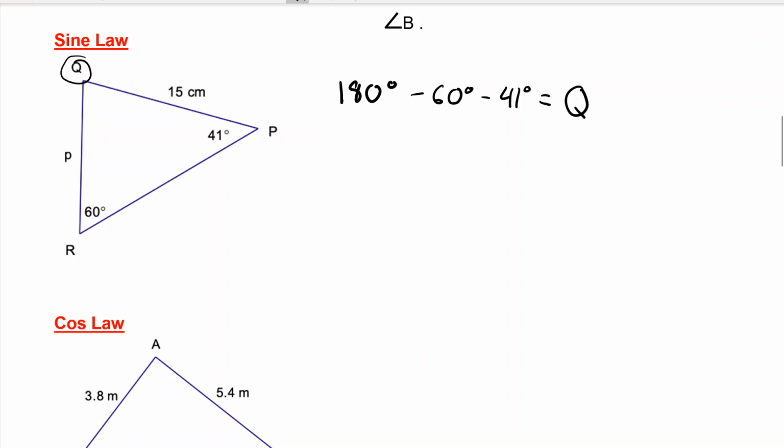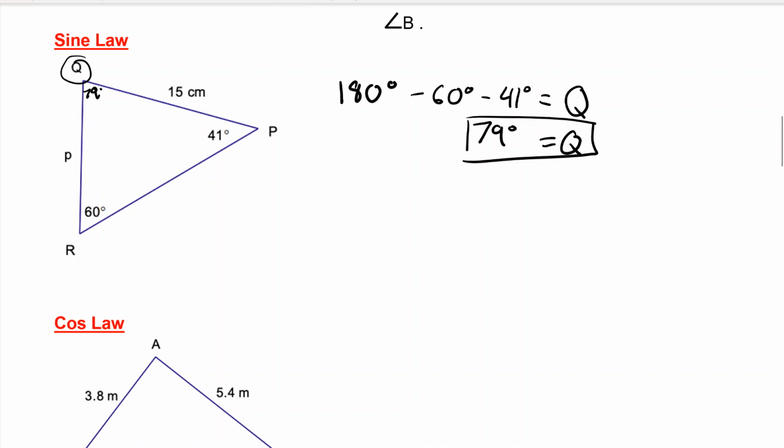So 180 minus 60 minus 41, well, that equals 79 degrees. Close to 80, but not quite, right? So I already know angle Q, and I didn't even have to use any sines yet.